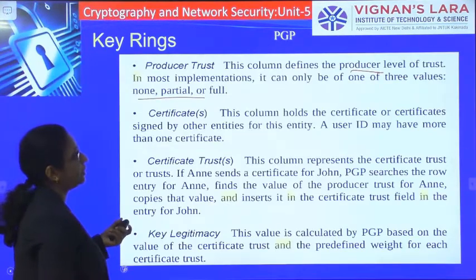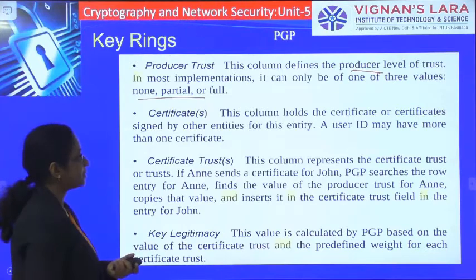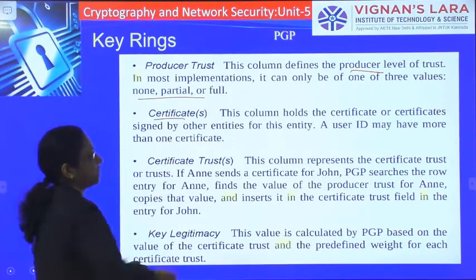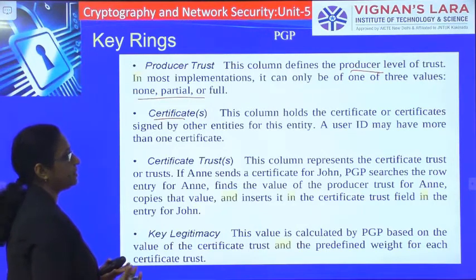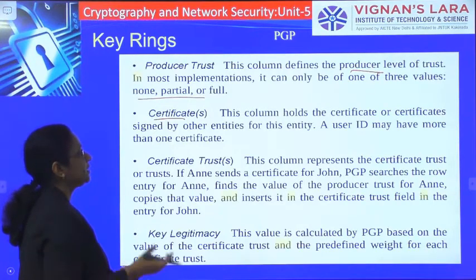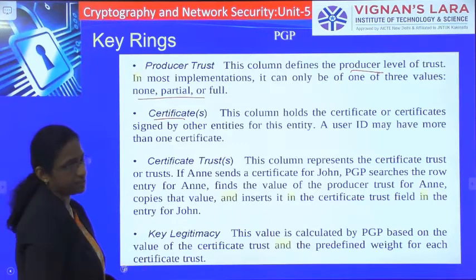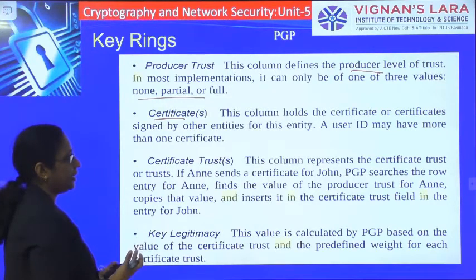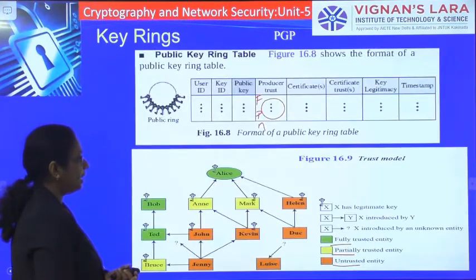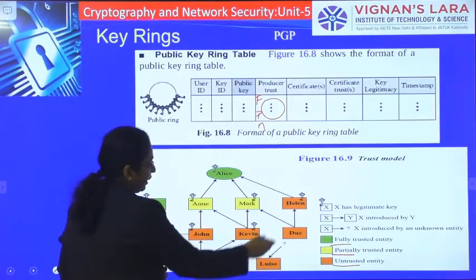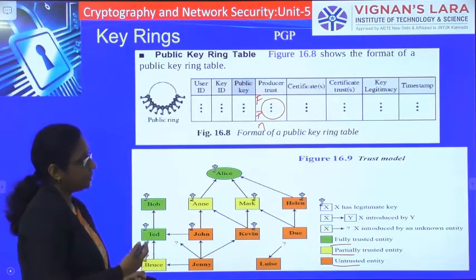Similarly, you have certificates also. This column holds the certificates signed by other entities for this entity. A user ID may have more than one certificate. Suppose these are the different entities that you have.